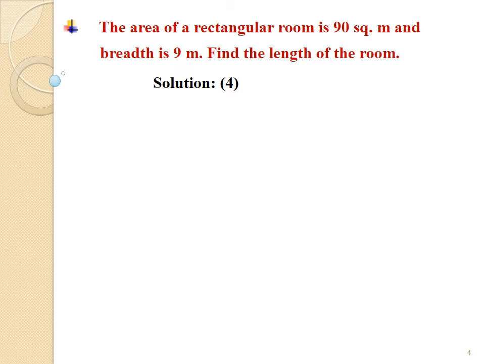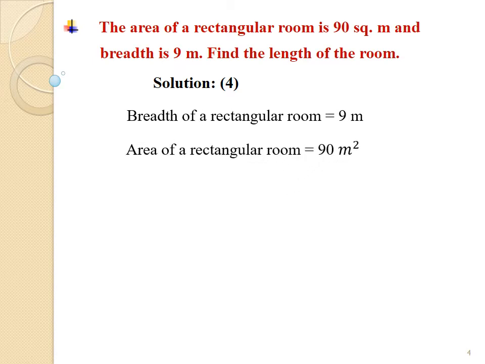Breadth is given 9 meters. Area is given 90 square meters. Therefore, length equals how much? Thus, length equals area divided by breadth, which equals 90 by 9.